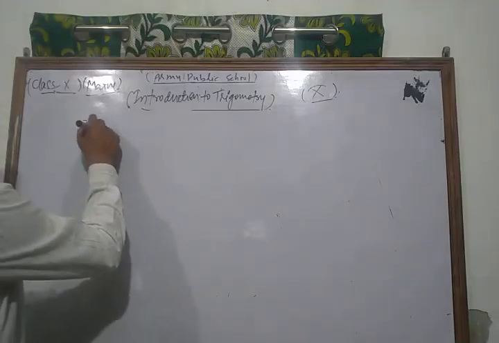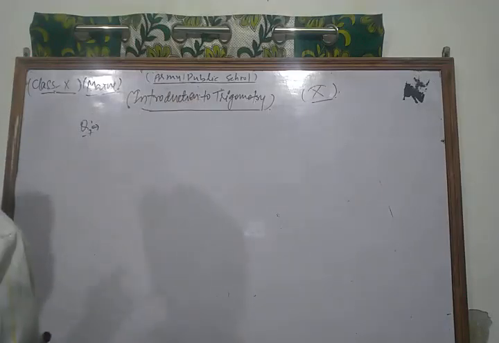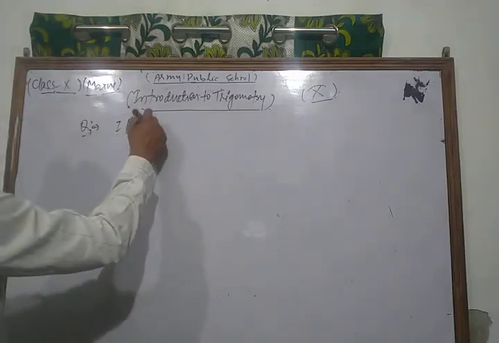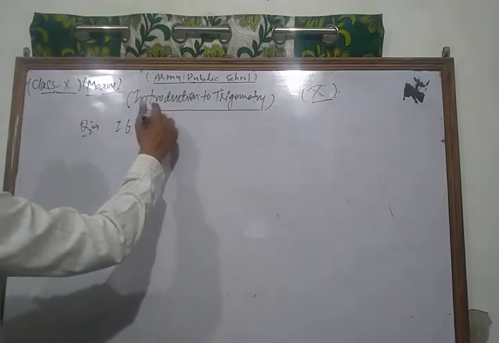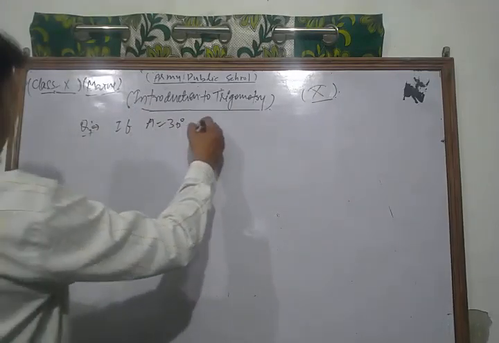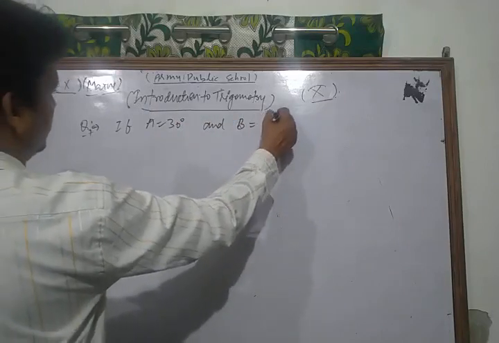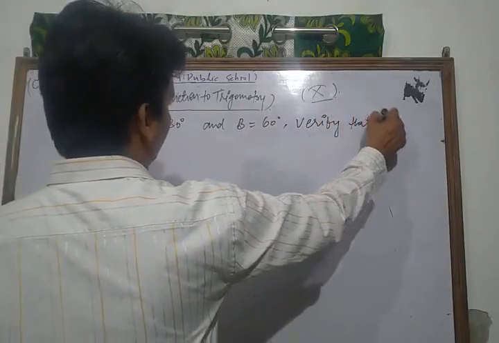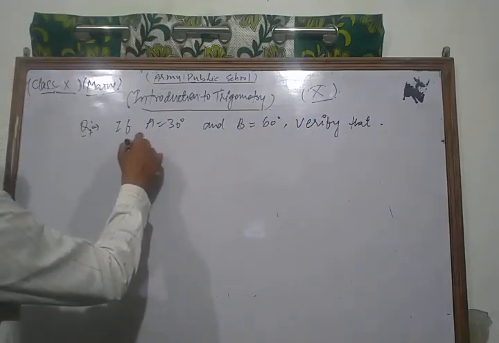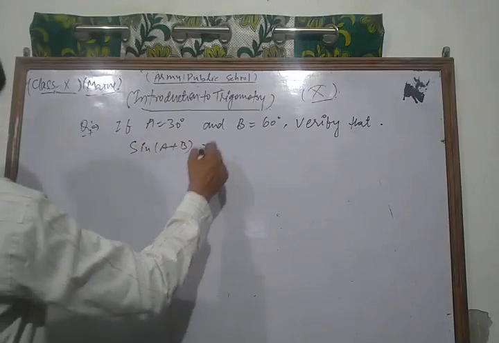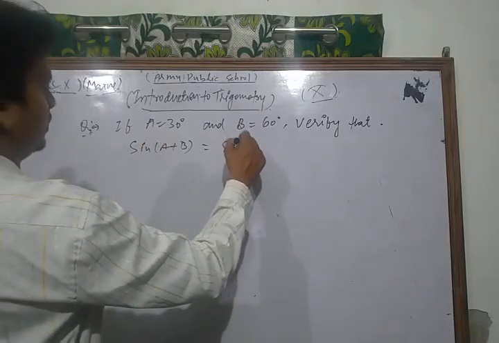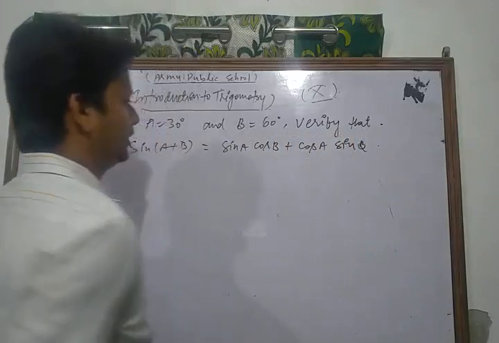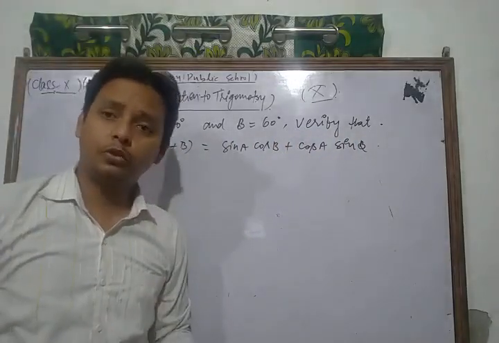Your question is, if A is equal to 30 degree and B is equal to 60 degree, verify that sin(A plus B) is equal to sin A cos B plus cos A sin B. Okay, this is your question here. So what is the process to solve that type of questions?